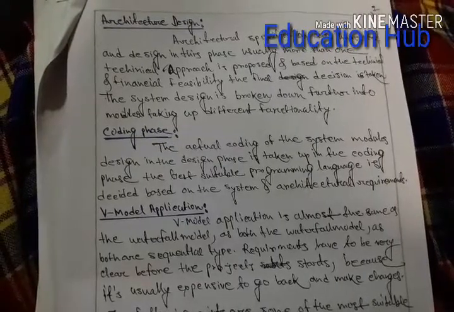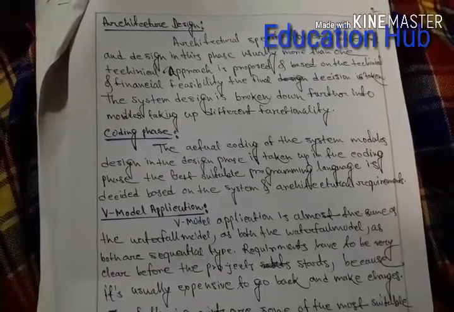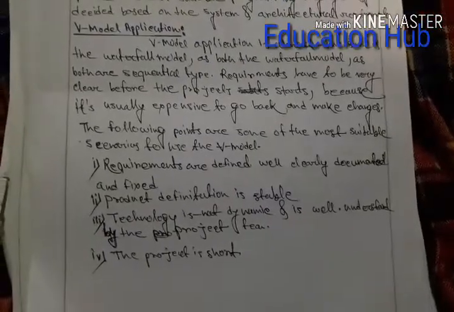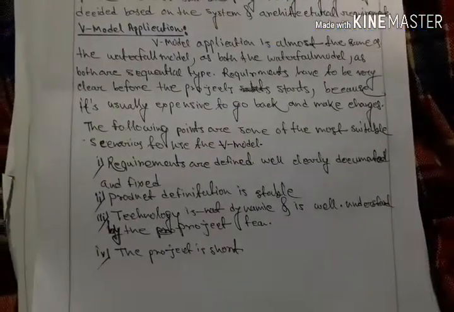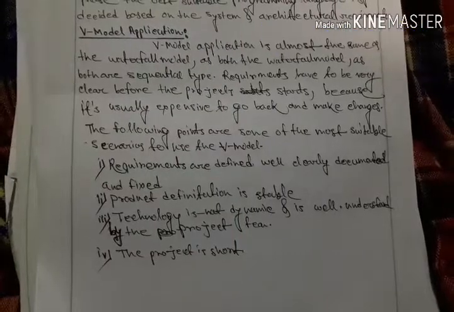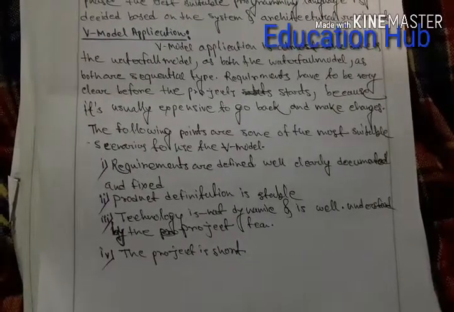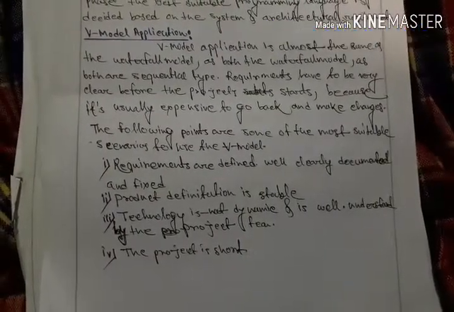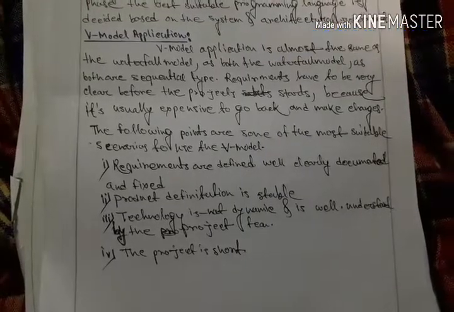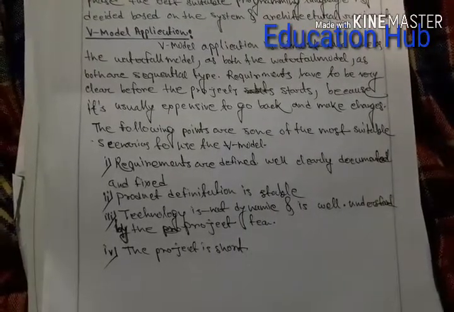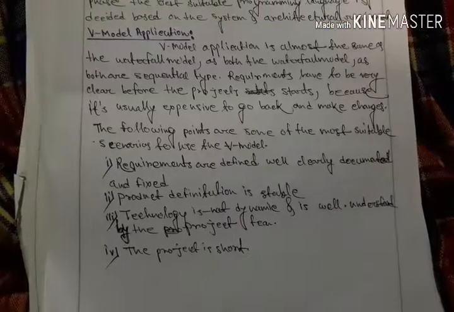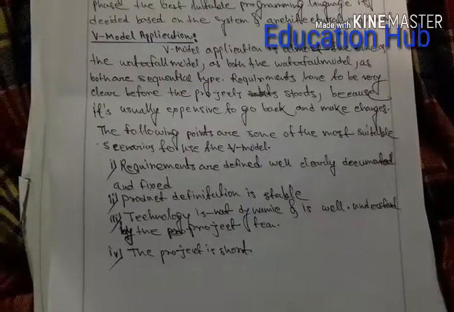Now, where do we get the application of this model? Our next discussion topic is that: the V model application. In the V model application, it is almost the same as the waterfall model.